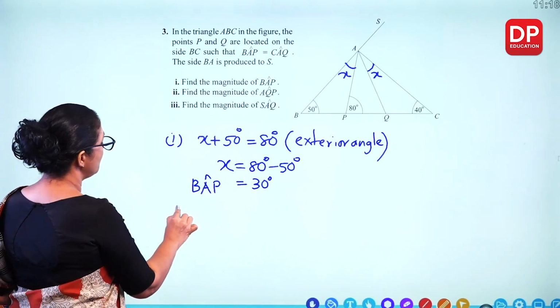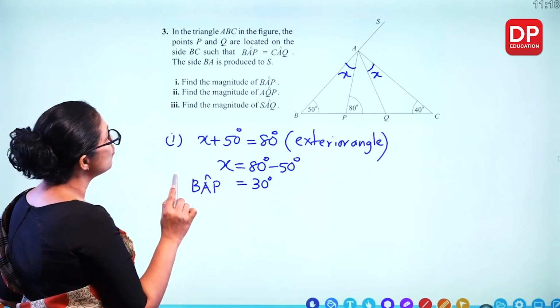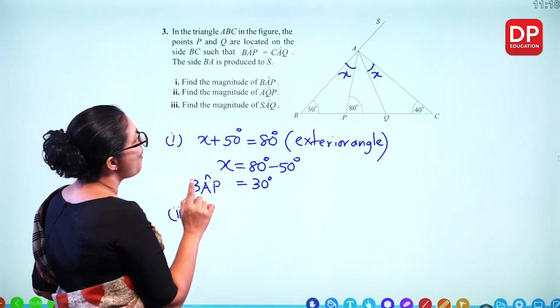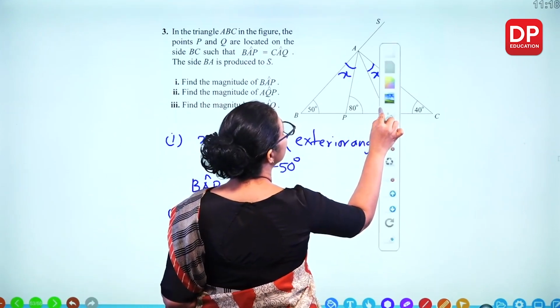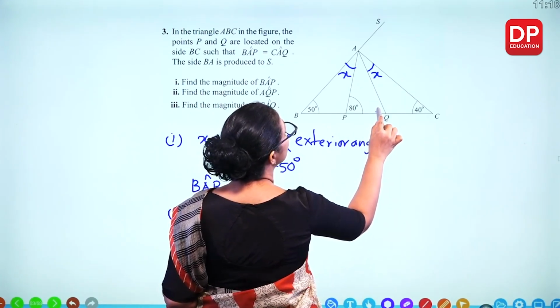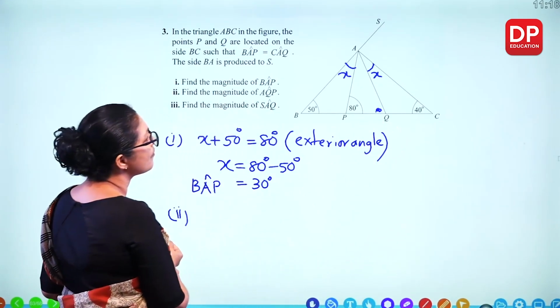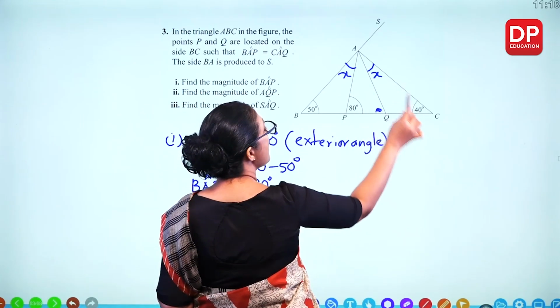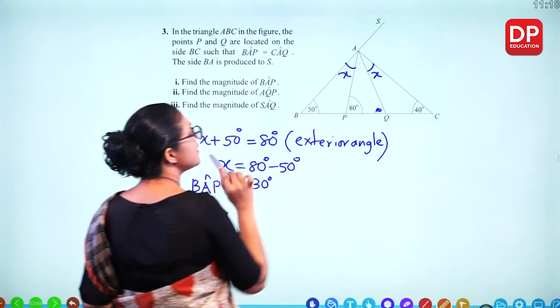Part 2. Find the magnitude of AQP, this angle. What's that angle? Can you say that's the exterior angle to these opposite interior angles?